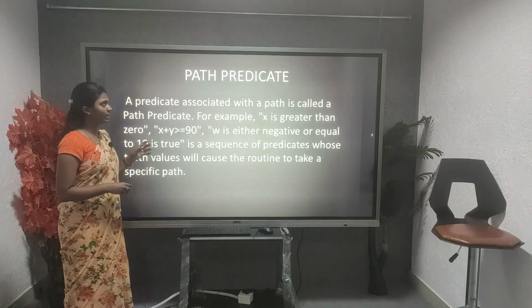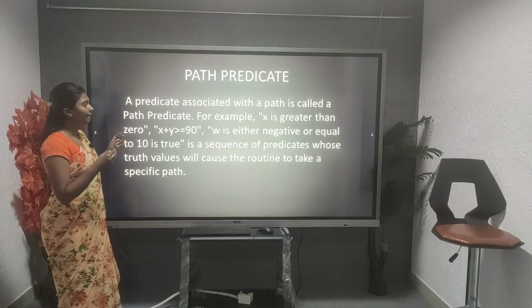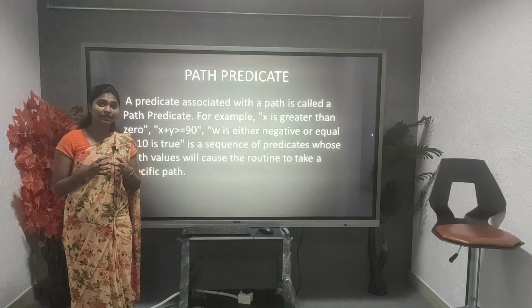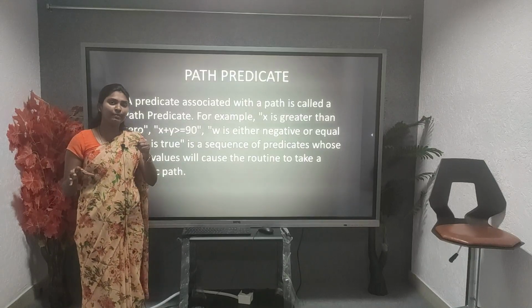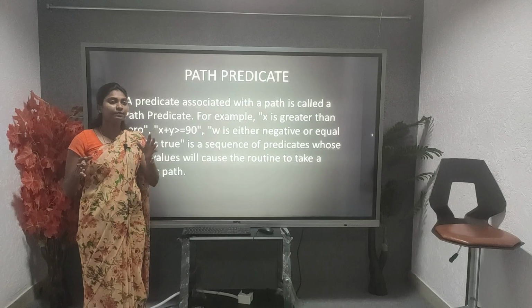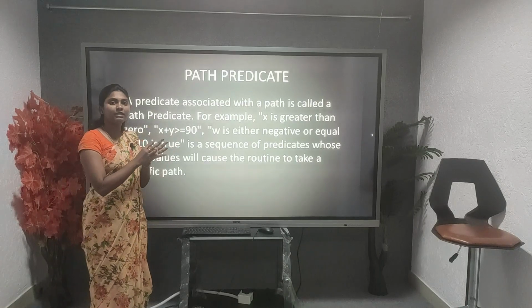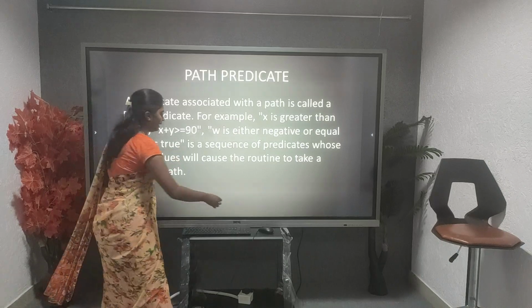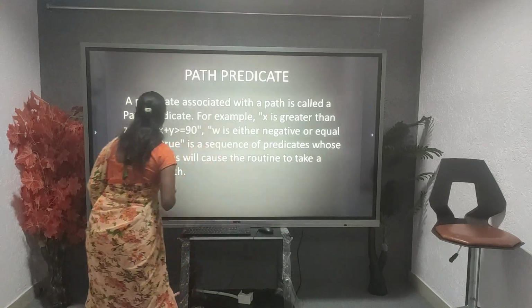The next one is the path predicate. Path predicate means it is associated with the path, which means that variables are associated with the path. Predicates are defined by multiple branches, derived from multiple branches.